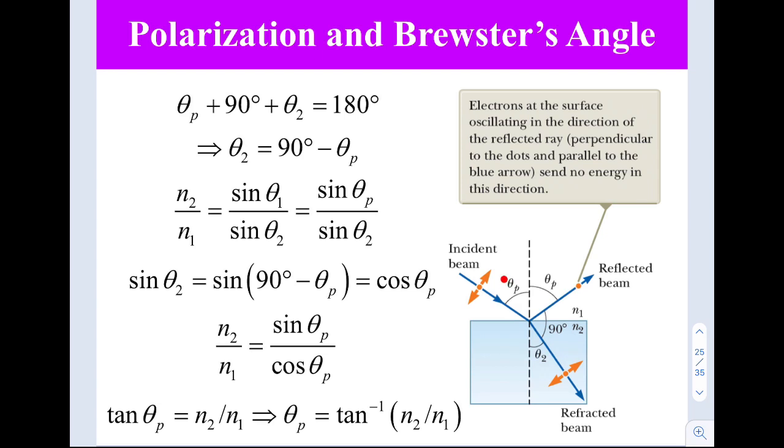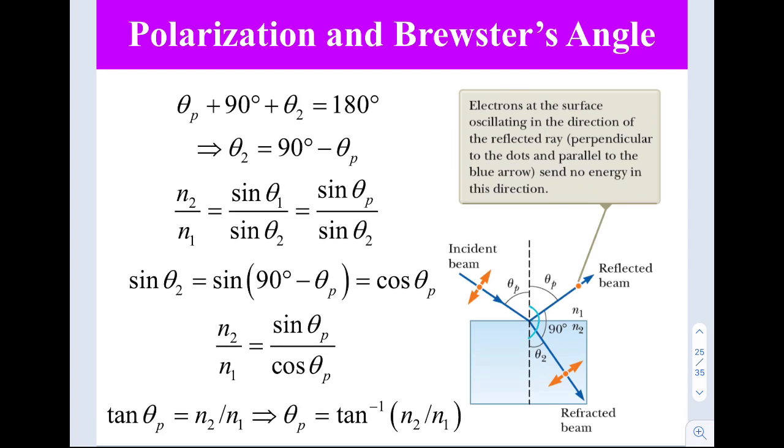We can obtain an expression relating the polarizing angle to the index of refraction of the reflecting substance by using this figure. From this figure, we see that theta p plus 90 degrees plus theta 2 must equal 180 degrees.